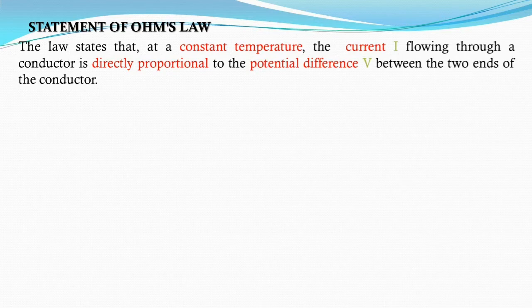Let's talk about why constant temperature and how directly proportional. So constant temperature is needed in order to maintain the physical parameters constant. What does it mean? It means a change in temperature affects the physical condition of the conductor.